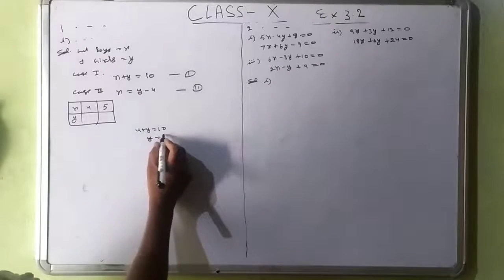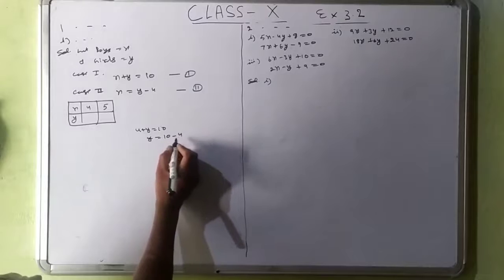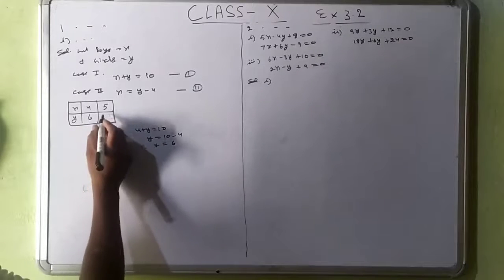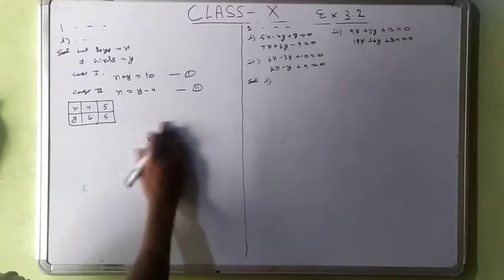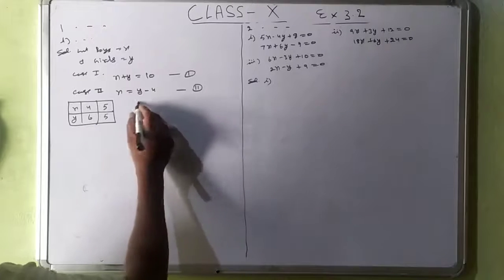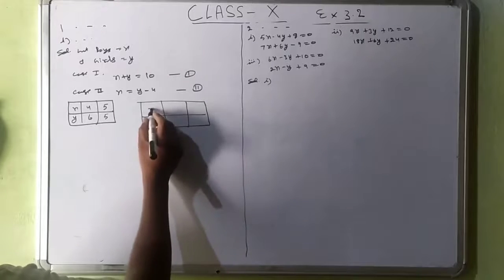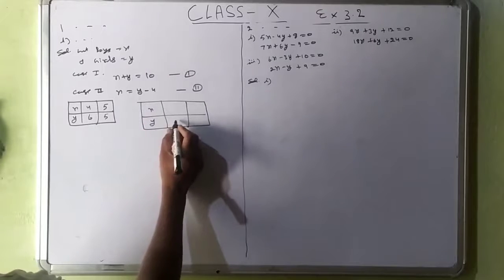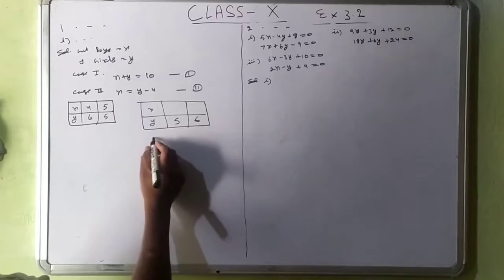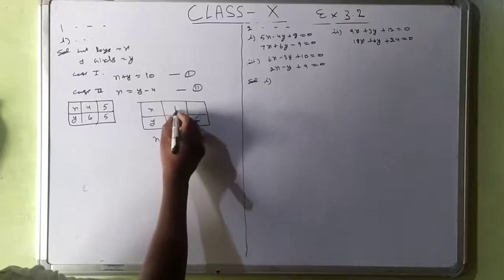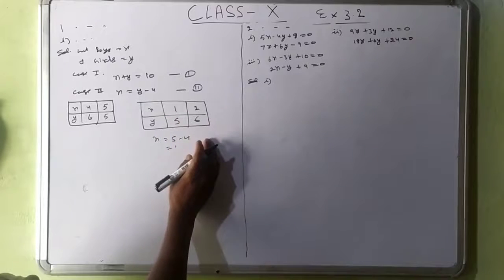So y is equal to 10 minus 4, so y is equal to 6. Similarly here, that will be 5. For the second, x, y values we will write here 5, 6. So x is equal to 5 minus 4, 1, and then this will be 2.